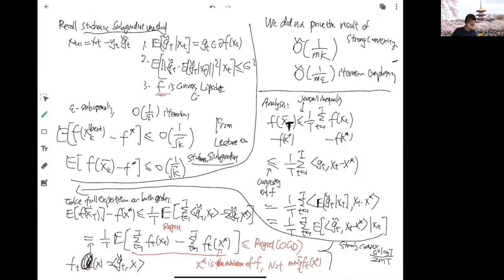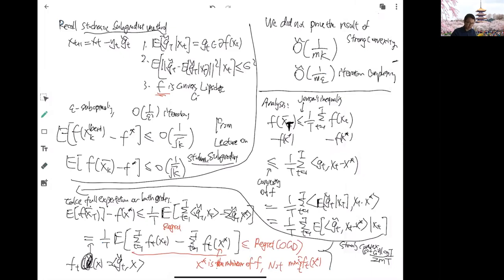What this is saying is that instead of having G squared, when we apply this we actually have G squared plus sigma squared. And that gives the 1 over T convergence rate of the strongly convex case.